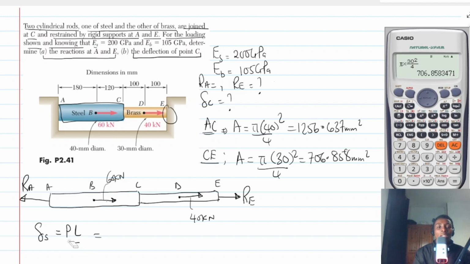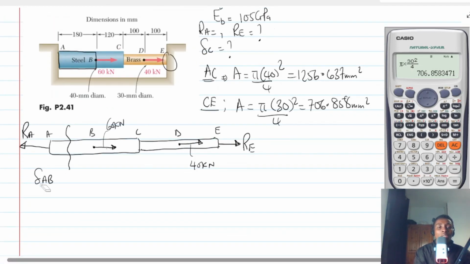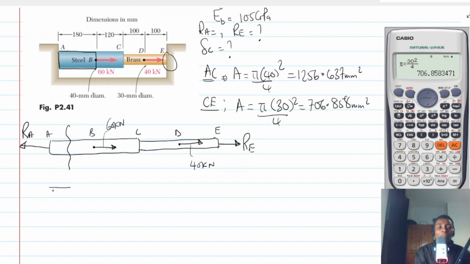So maybe let me clean this one. I will start from A to B. Please, we want to take our time and solve the question. So we want to look at what is happening from A to B. If you want to know what is happening from A to B, you just section this portion, and when you section that portion, you are going to see something like this.